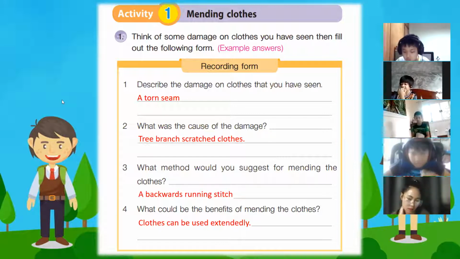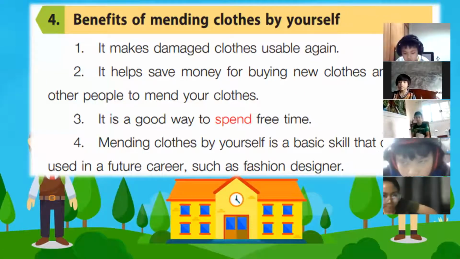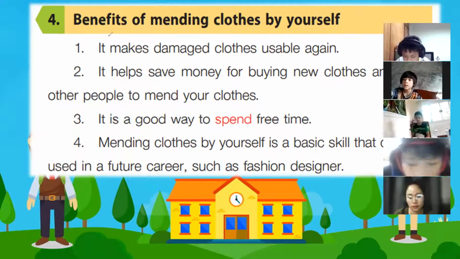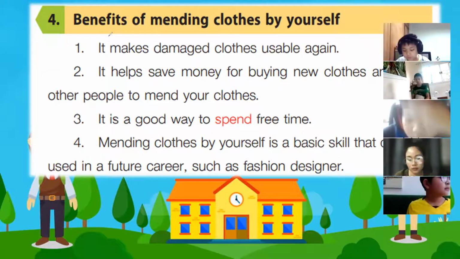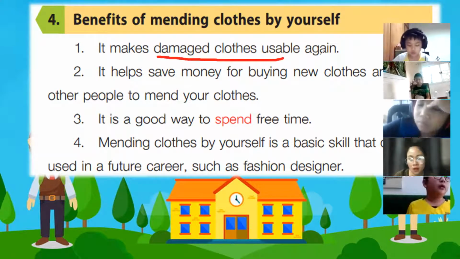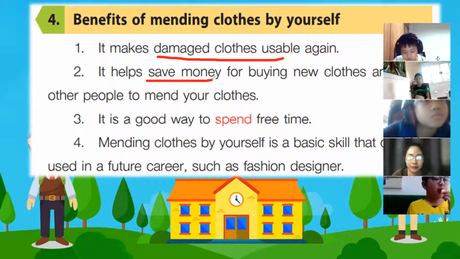Let me show you again. Here you see, students, we just learned the benefits. These are the benefits of mending. The benefit: damaged clothes can be used again. Second, we save money.